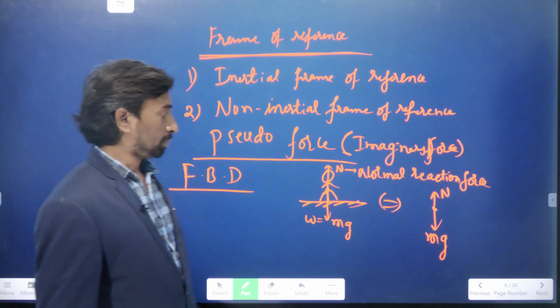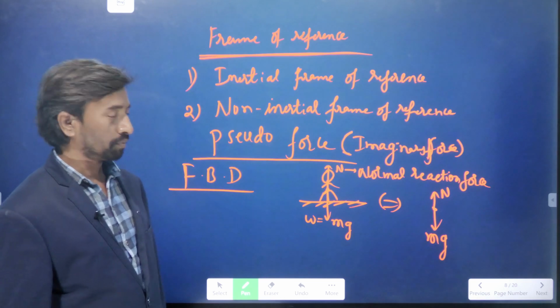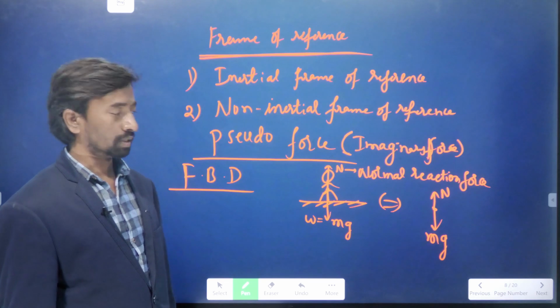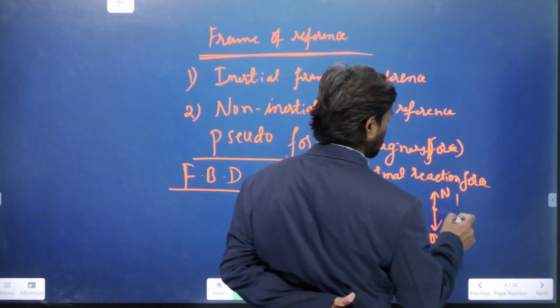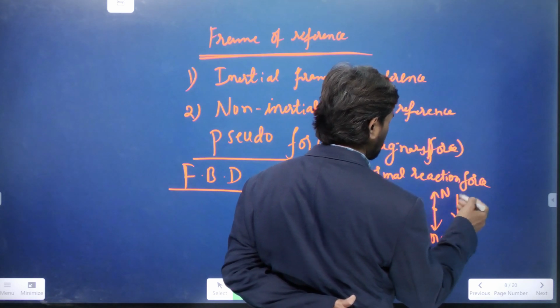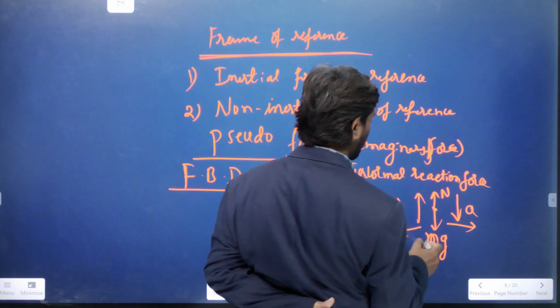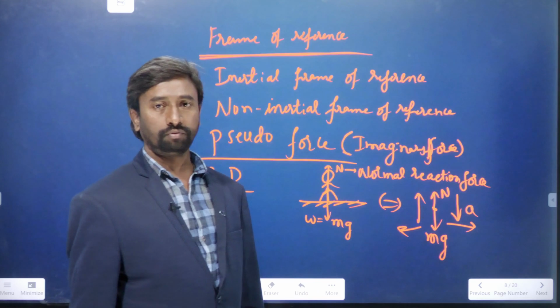It is a diagrammatical representation of the forces acting on the body in different directions, and it can even show the direction of motion of the body, in which direction the acceleration is, and whether it is moving toward the left or right side. All that can be known by drawing the free body diagram.